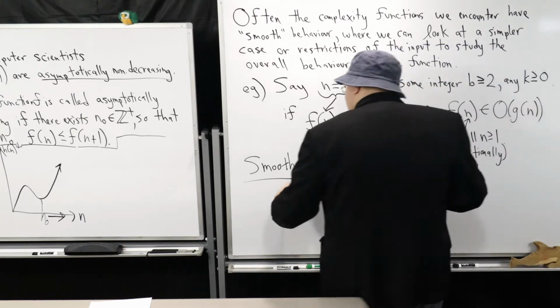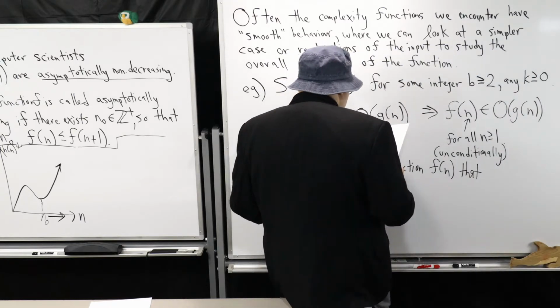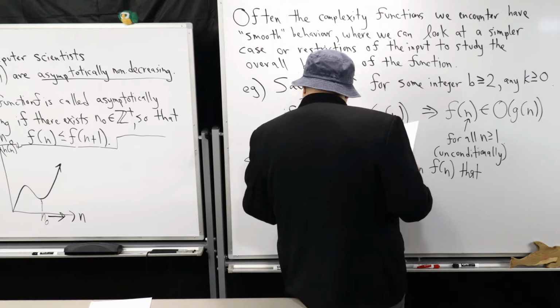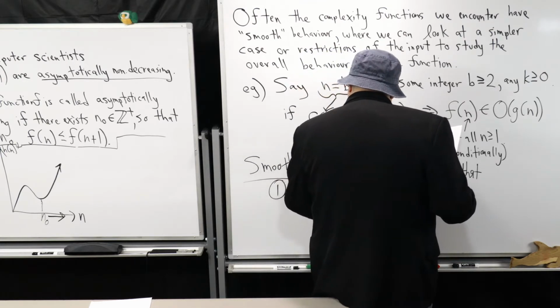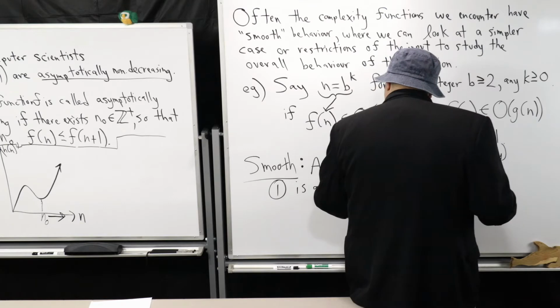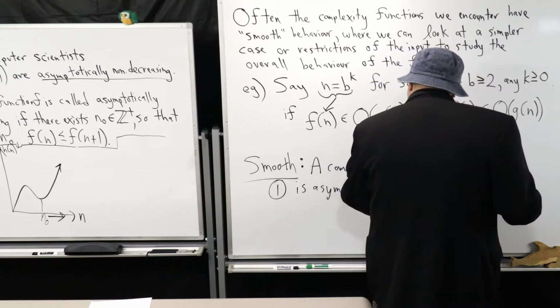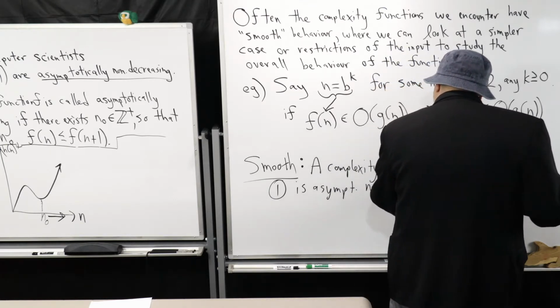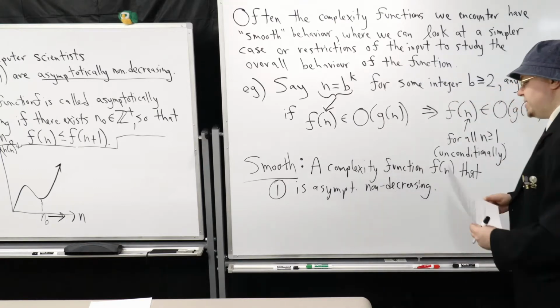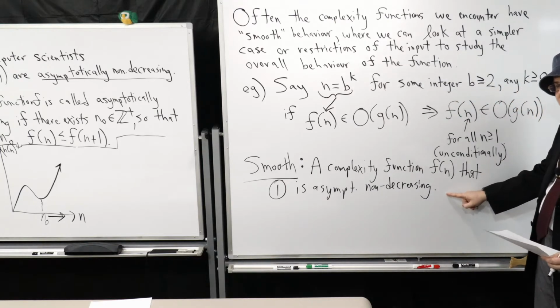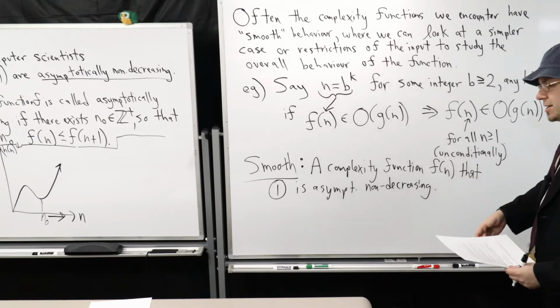That one is asymptotically non-decreasing. So that's the first piece I talked about earlier. It's asymptotically non-decreasing. That's the first thing it has to satisfy. The function has to be asymptotically non-decreasing.